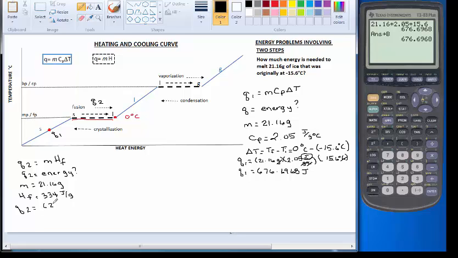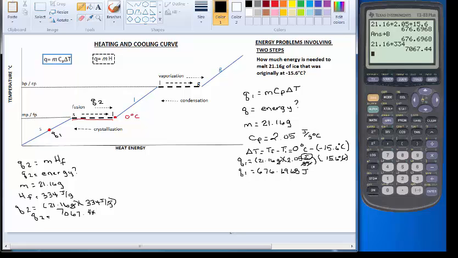So we can plug this information into our equation. We can say 21.16 grams times 334 joules per gram. If we plug this into our calculator, 21.16 times 334, we get the number 7,067.44.